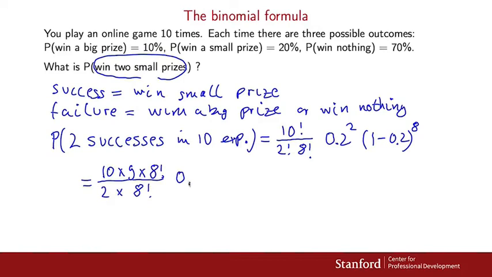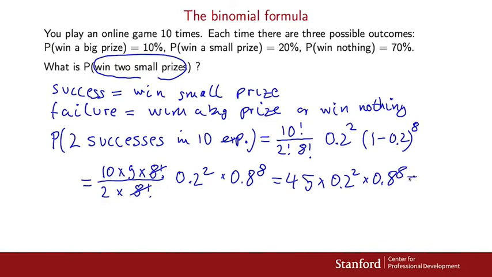Then we keep the 0.2 to the power 2 times 0.8 to the power 8. And now you see you can cancel the 8 factorial, and you are left with 45 times 0.2 to the power 2 times 0.8 to the power 8. And if you plug this in your calculator, you see this is 30.2%.